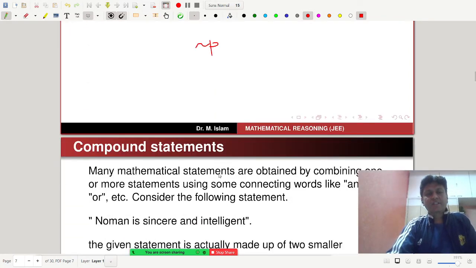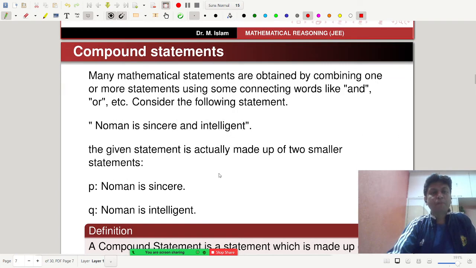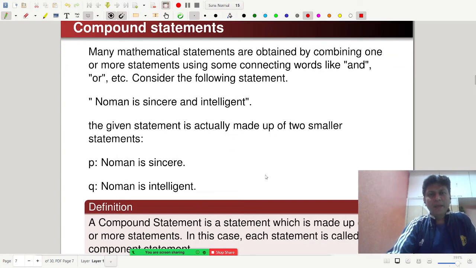Next, I will explain compound statements. Many mathematical statements are obtained by combining one or more statements using connecting words like and, or, etc. We usually use sentences in combined form using and, or, etc. Suppose I say the statement, Noman is sincere and intelligent.